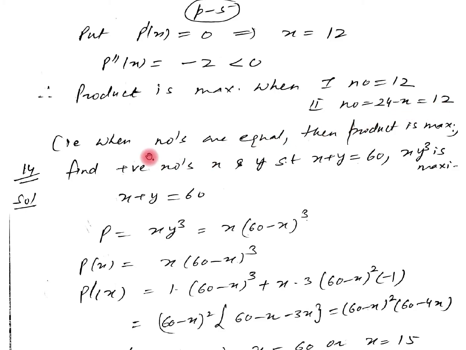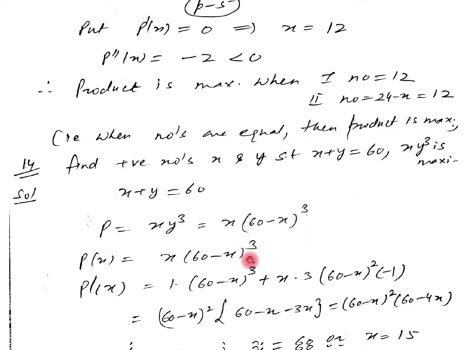Or you can say when the numbers are equal, the product is maximum. Sometimes it can be restated in the question: we have to prove that the product is maximum when the numbers are equal. Since both numbers are equal, we can say the product is maximum.